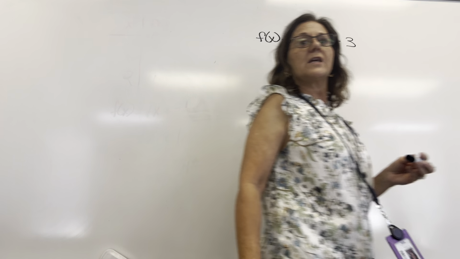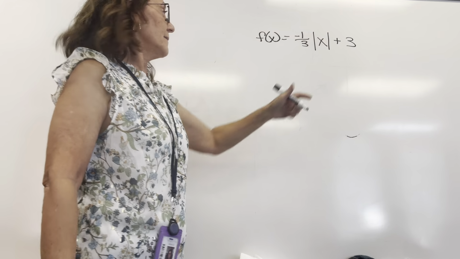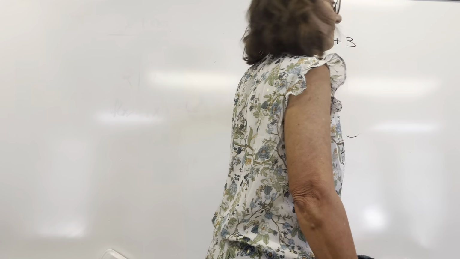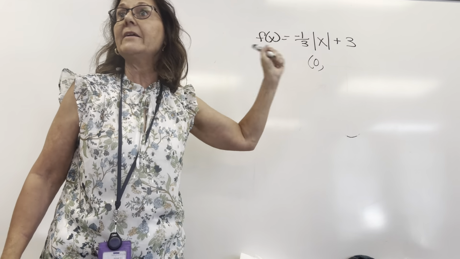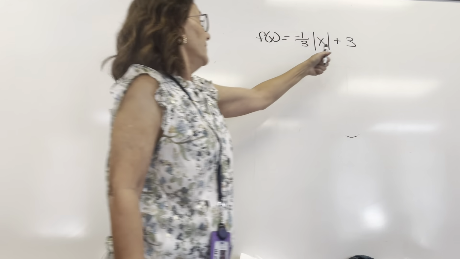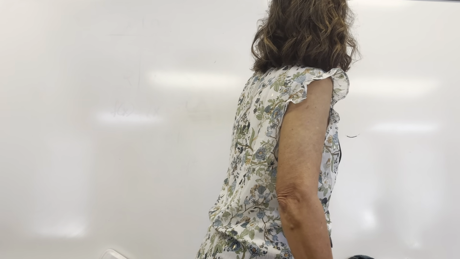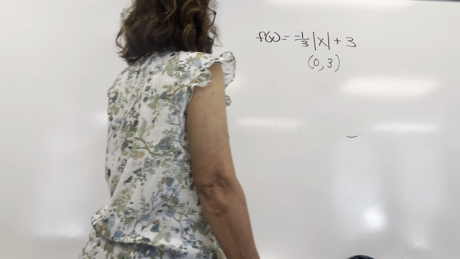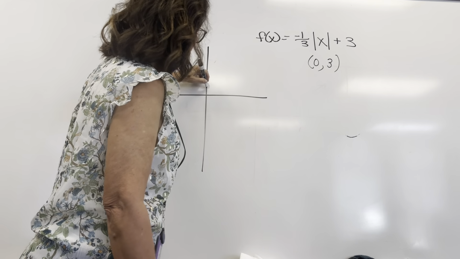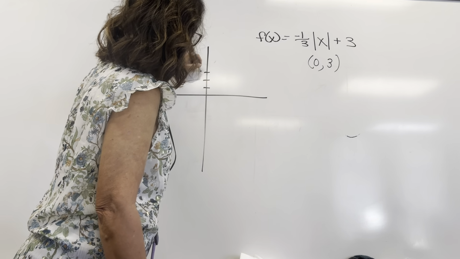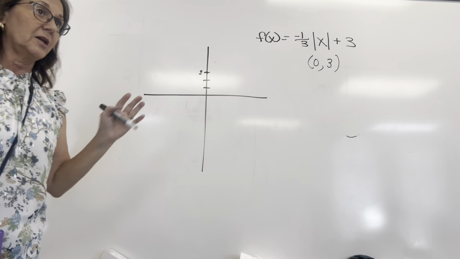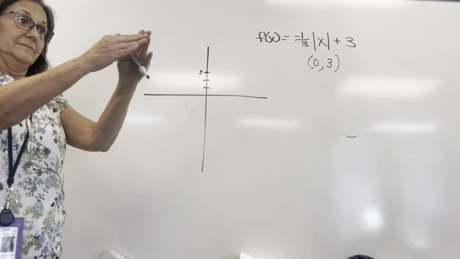Have I moved it horizontally? Have I moved it horizontally? No. Nothing added or subtracted, so that coordinate stays 0. Then I've moved it up 3. All right, so we're at 0, 3. That's my vertex. That's going to be where my V goes from.